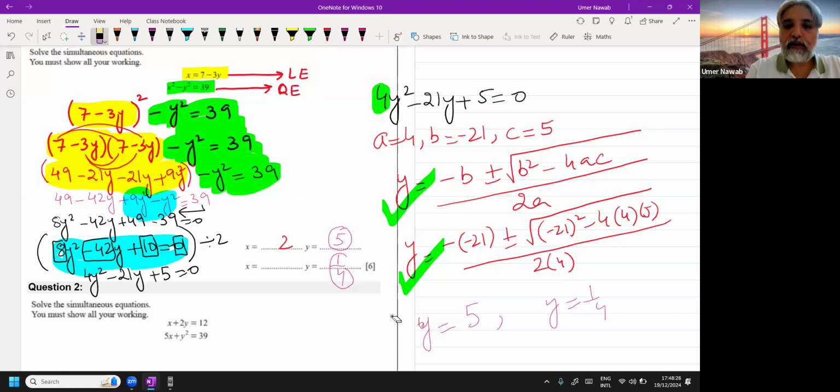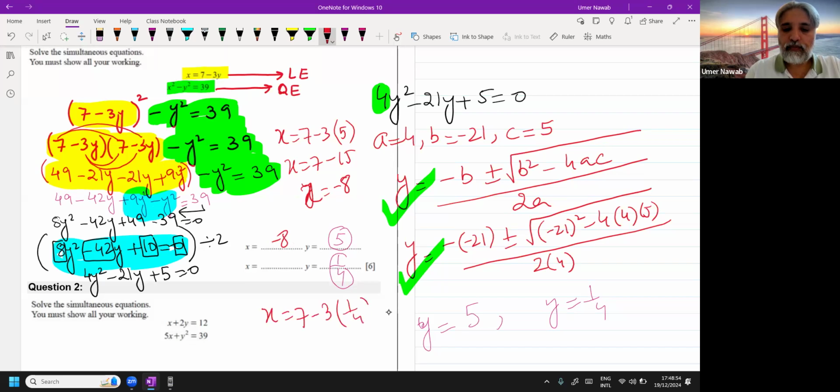Let me check that. x equals 7 minus 3y, y is 5. So x equals 7 minus 15. So x comes to negative 8. So the corresponding x is negative 8. But if your y is 1 over 4, then we solve it. It gives us 0.25. So I'm going to write here 0.25.